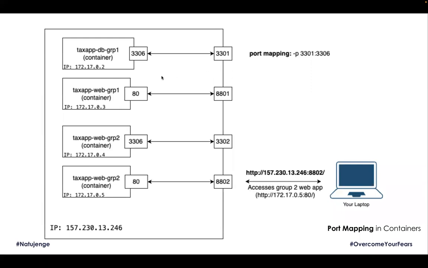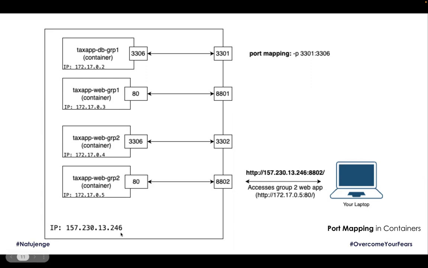And if you do so, then when this container comes up, the container engine will bind port 3301 on the host and map it to 3306 in this container. And that's how we do port mapping. Without port mapping, you cannot access the service from outside that host, and by the host, I mean this VM here.